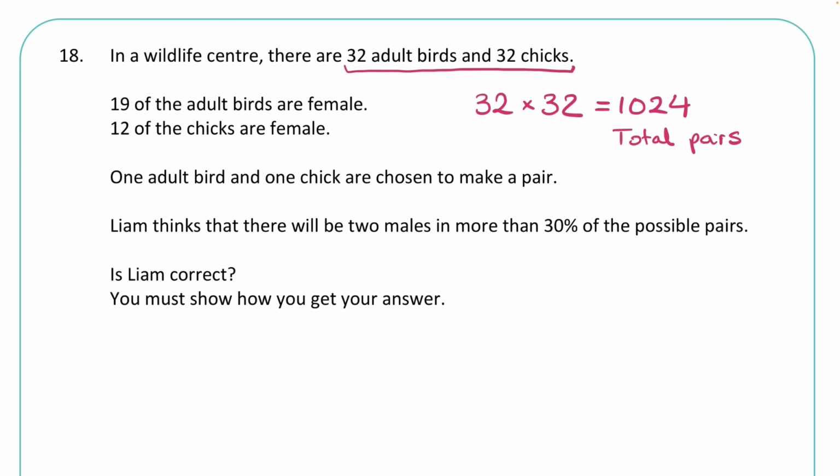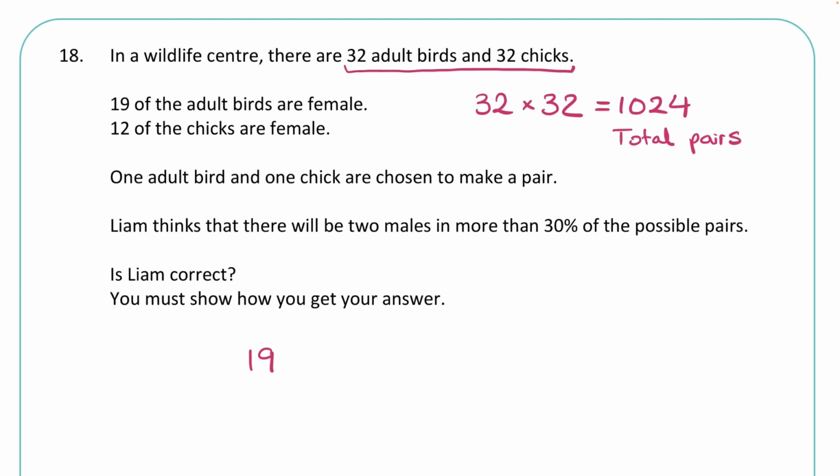Now what this question is asking about is whether there will be 2 males or 2 females essentially, but it says Liam thinks there'll be 2 males in more than 30% of the pairs. Well, this information that's given to us is about females. So here in the adult birds, there are 32 adult birds and 19 are female. So when working out the total amount of females, we could have 19 in the first pick when we are picking the adult birds.